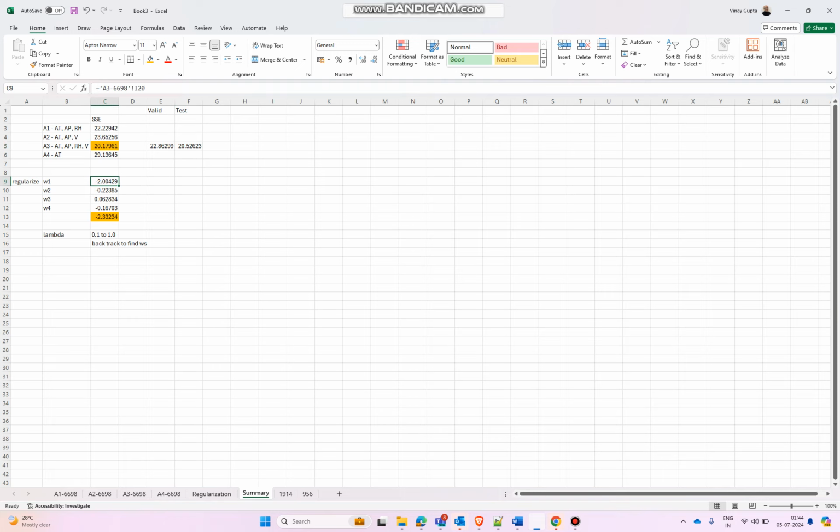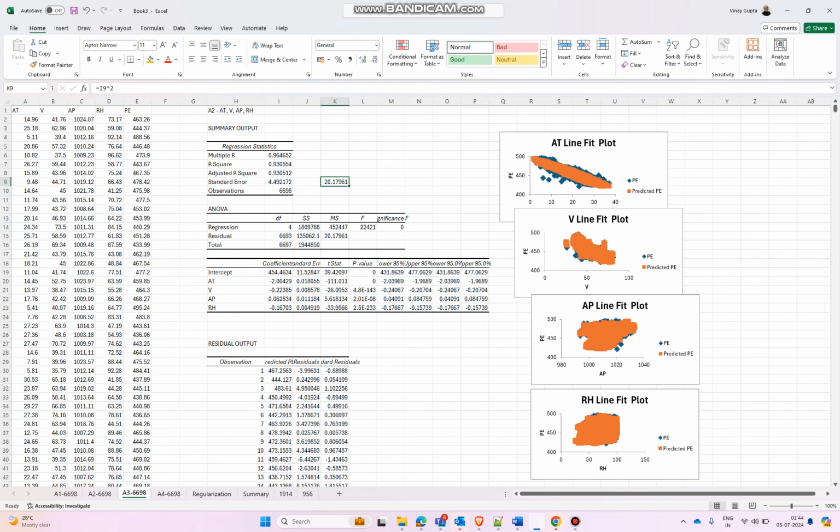So I copied the weights of the model. Where do we find them? We find them over here. It's my A3 model. These are the weights. Also, just to quickly show you how this is plotting up nicely, you look at each variable against the power output.